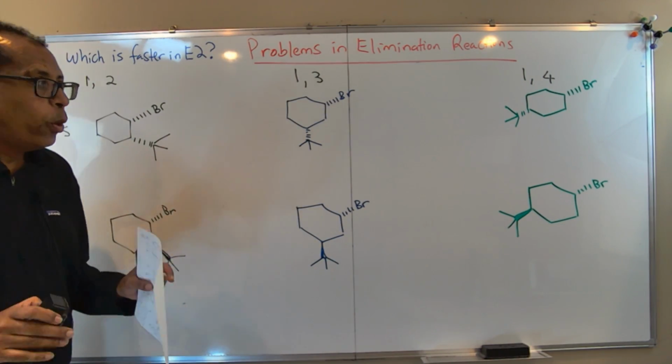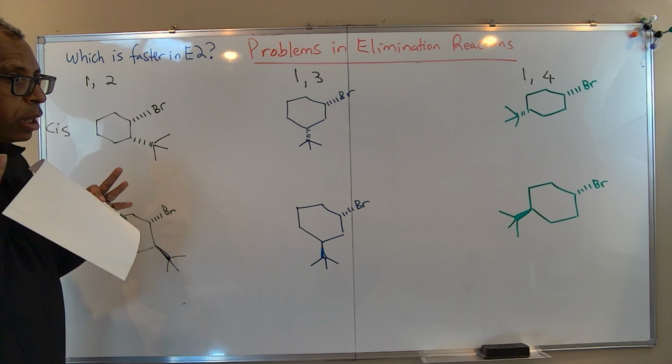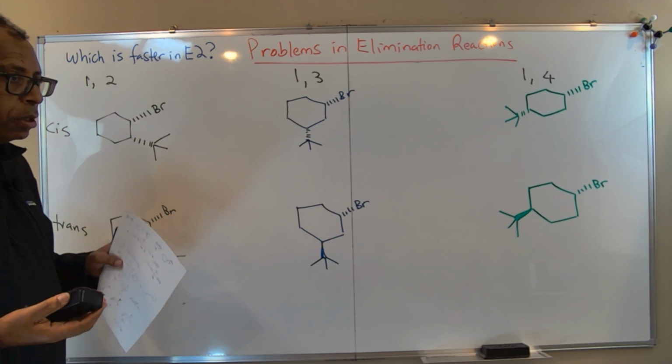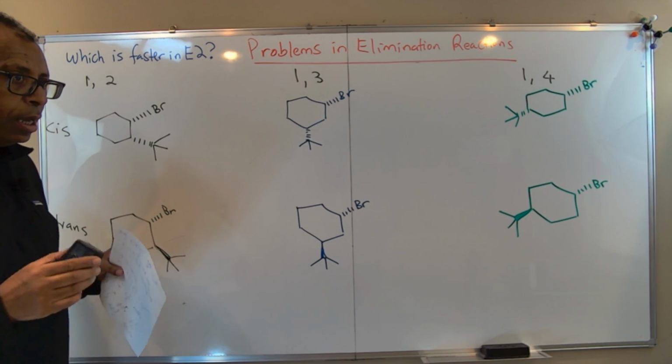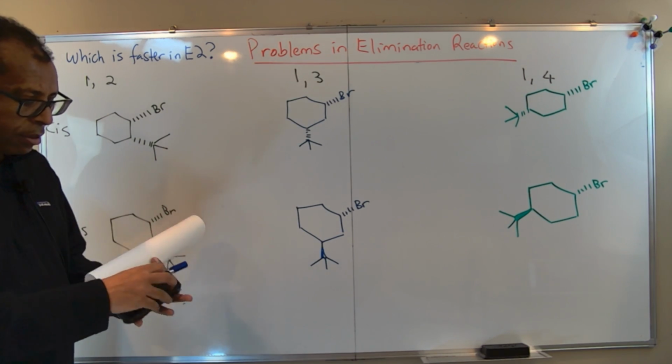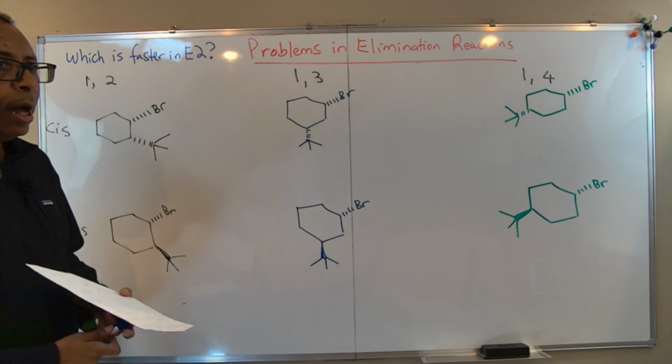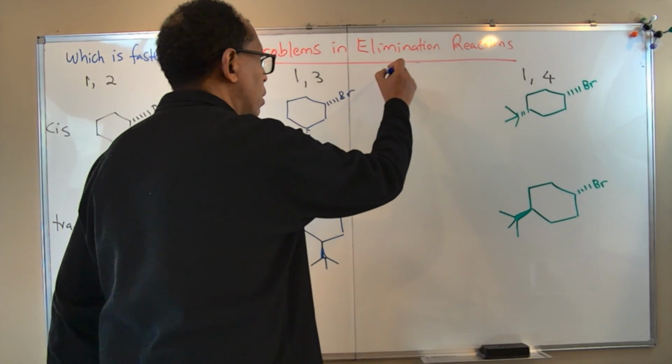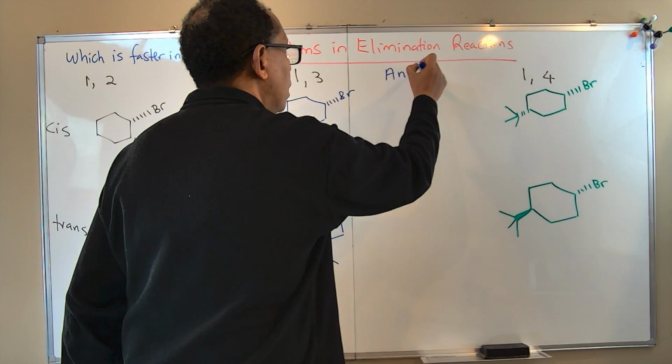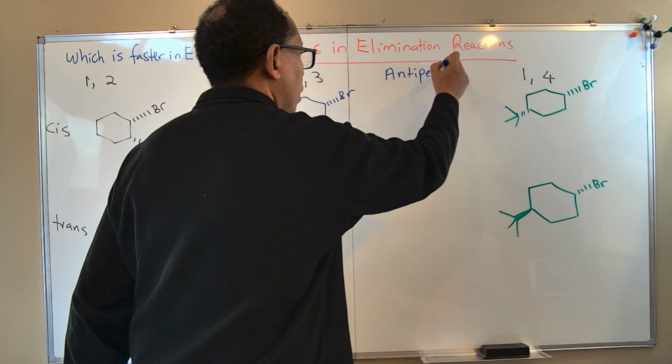Here, the point would be to draw the more stable chair form first, and see if you still have the concept of anti-periplanar. So the most important concept is anti-periplanar.